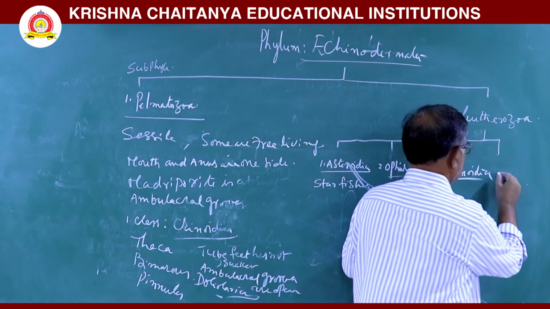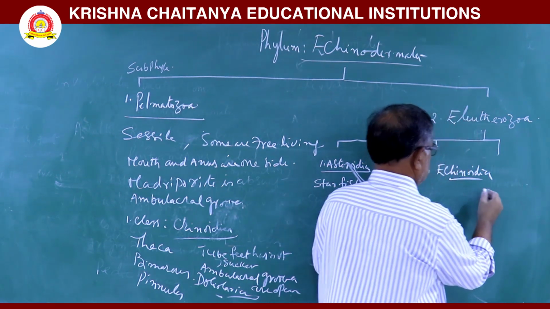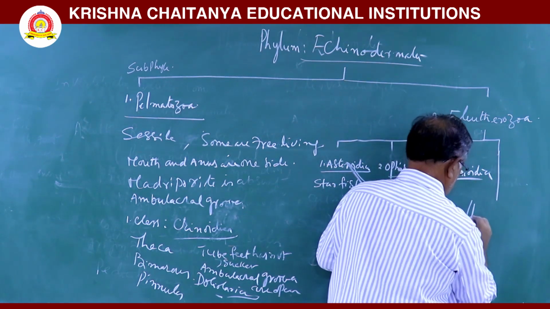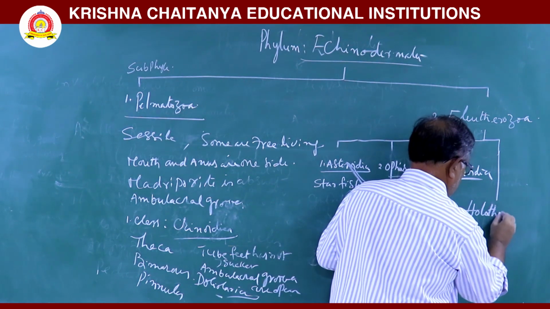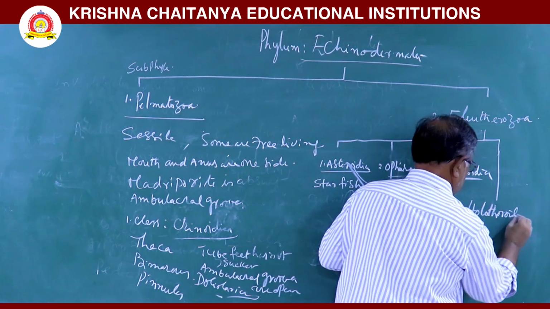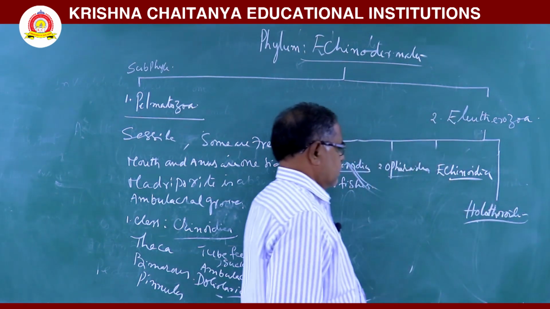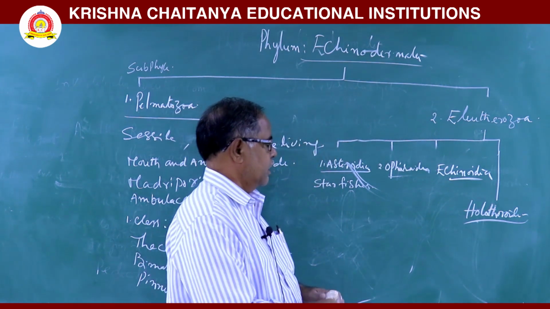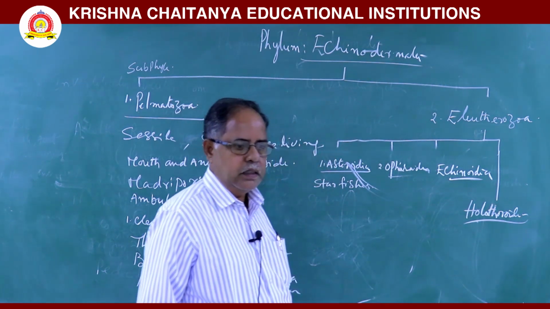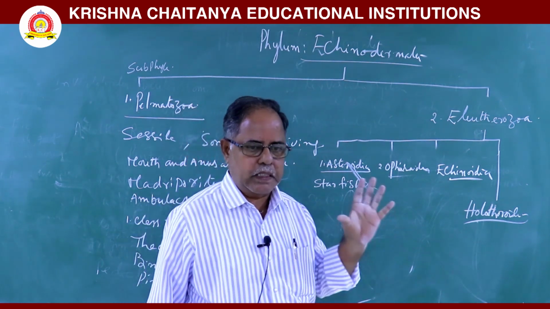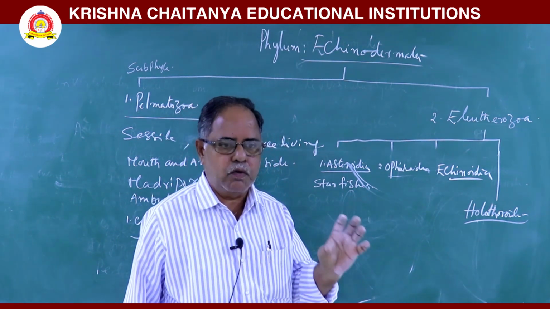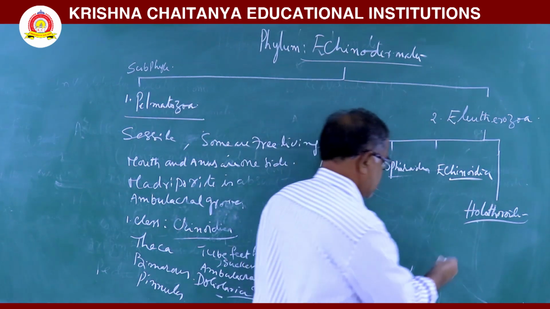Next, Holothuroidea, the fourth and last class. The animals included under class Holothuroidea are generally called sea cucumbers. Here the body is elongated.